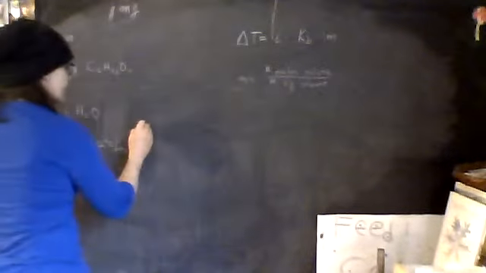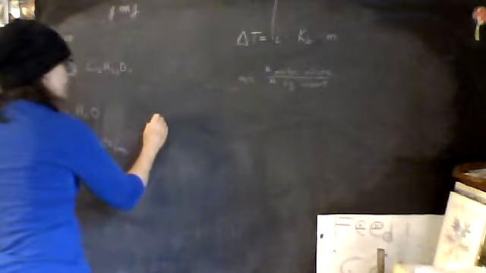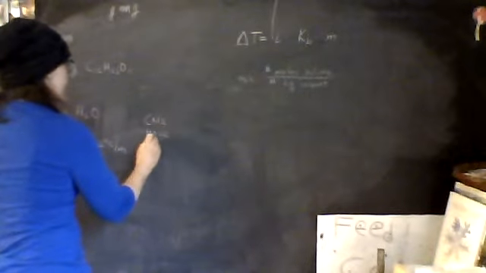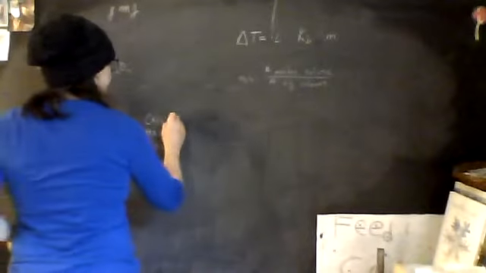So C12, H times 22 and oxygen times 11. Carbon is 12, right? So it'd be 144.